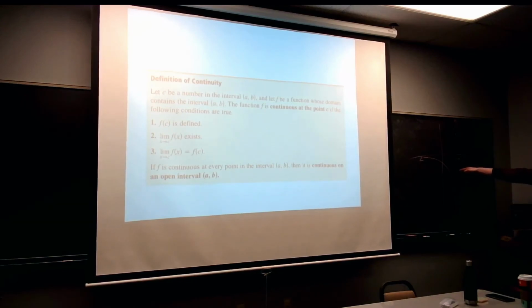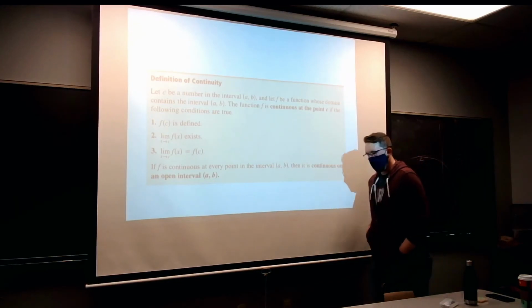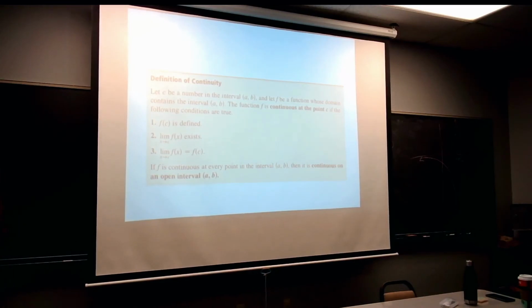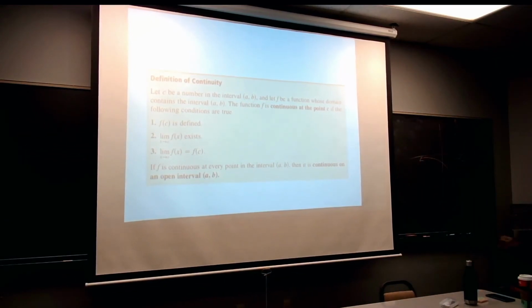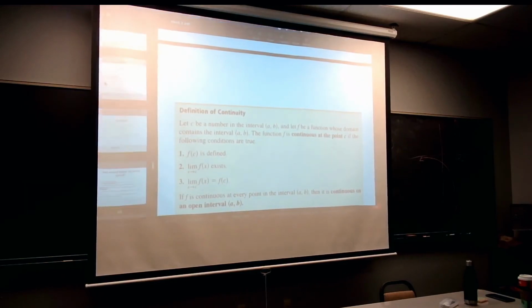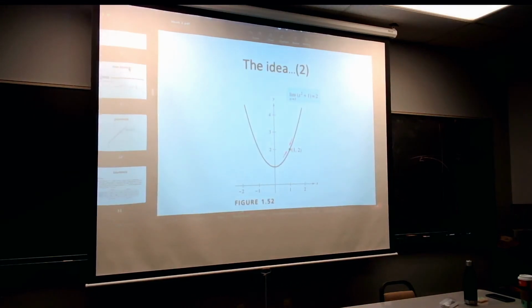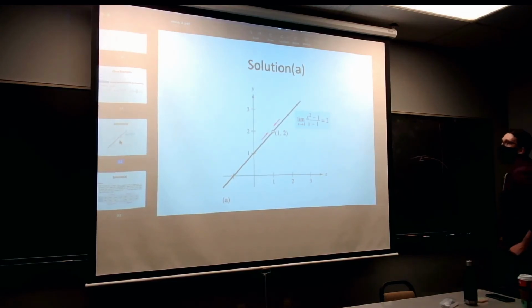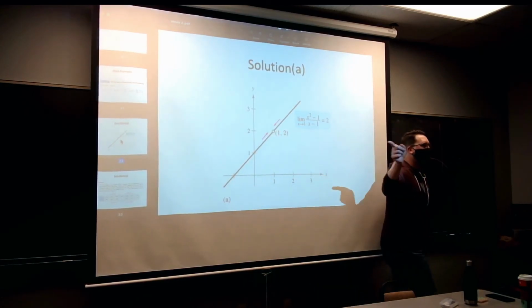Well, in this case, we failed, right? Our function doesn't have a limit. And if we think back to those earlier graphs, I went way too far back. If we think back to this, our limit exists, but our function doesn't have a value there.